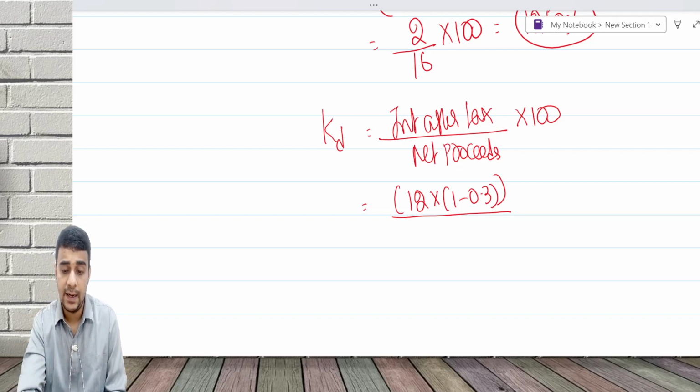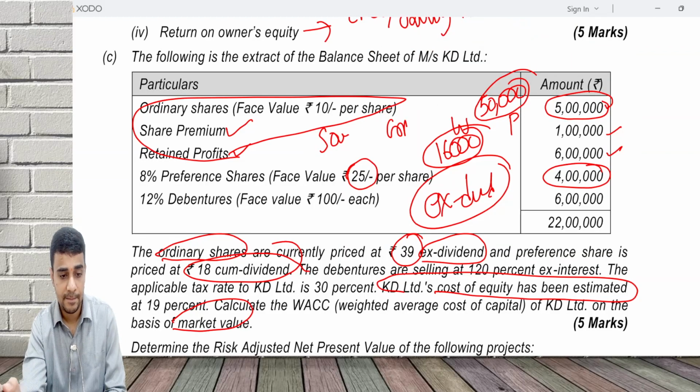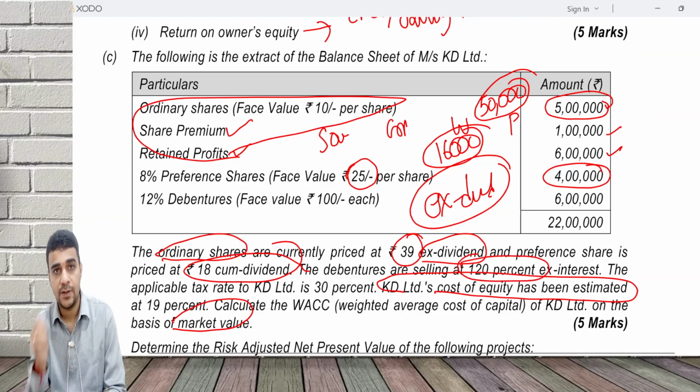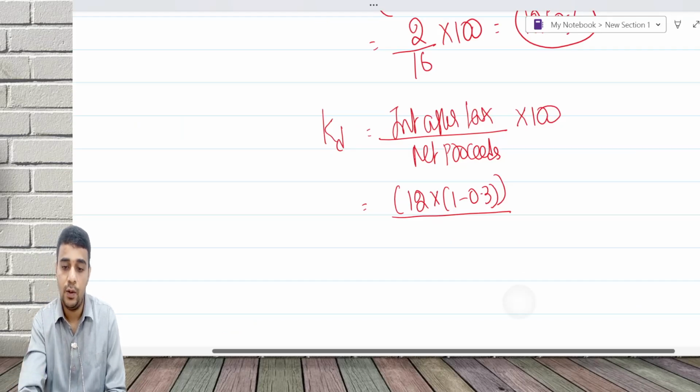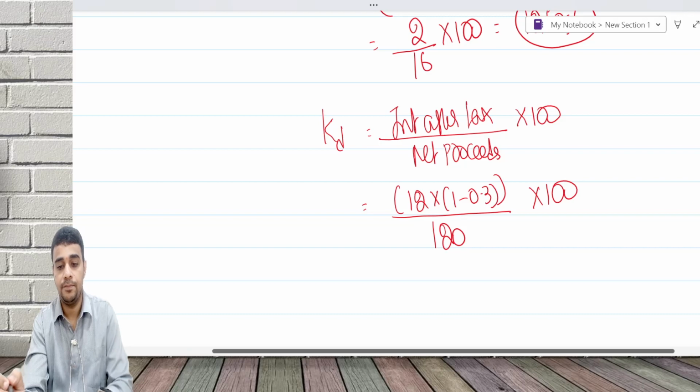Net proceeds is the current market price, which is 120%. 120% of what? It will be 120% of face value, so 120 into 100.